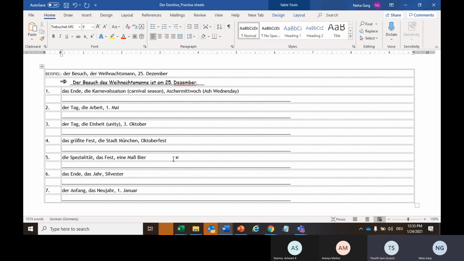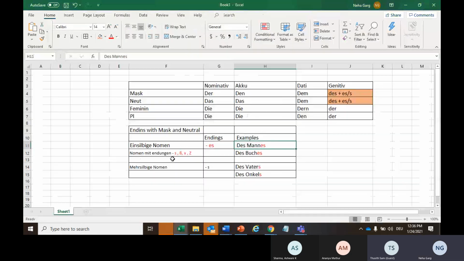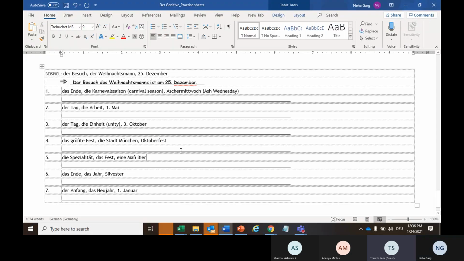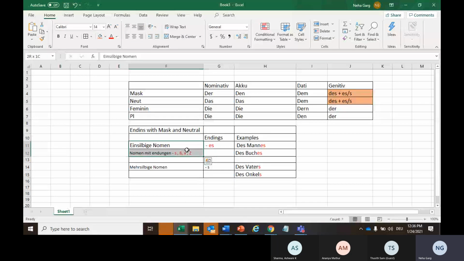One sec, for this einsilbige Nomen, what exactly is einsilbige Nomen? I thought like with the S and those endings you only put an E, but then I couldn't. So there are two cases. Ashwini, can I switch the screen for a second? Yeah, sure. So here there are two cases.